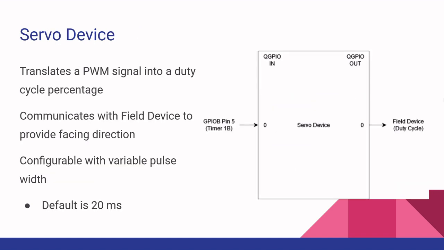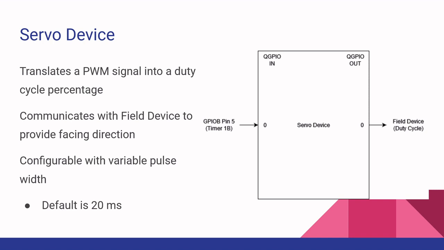So first, the servo device. It is basically a PWM signal reader. Right now, all it does is translate the PWM signal that it receives through GPIO, QGPIO in 0, into a duty cycle percentage.